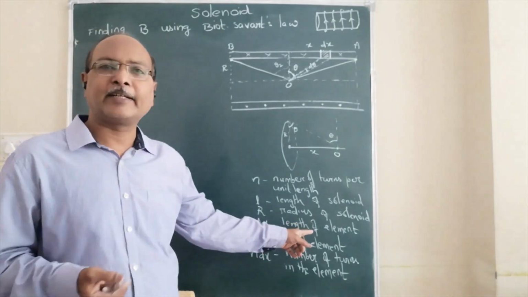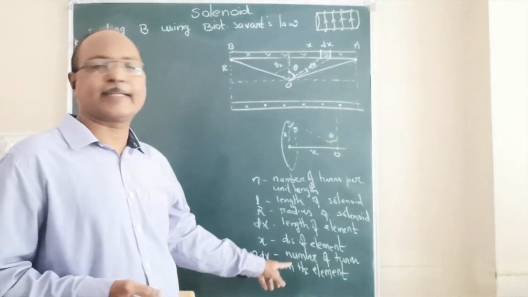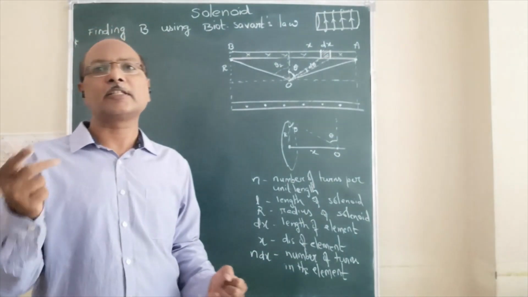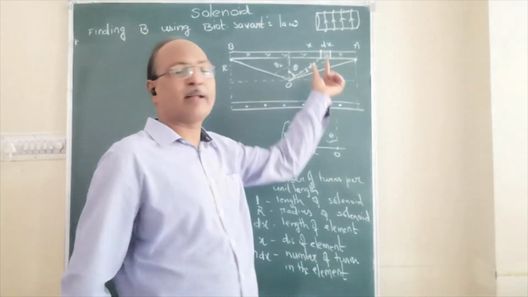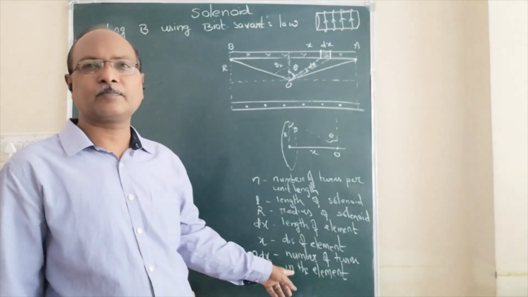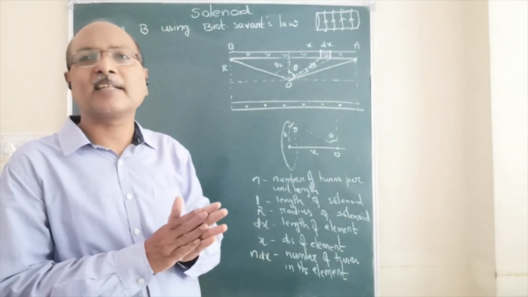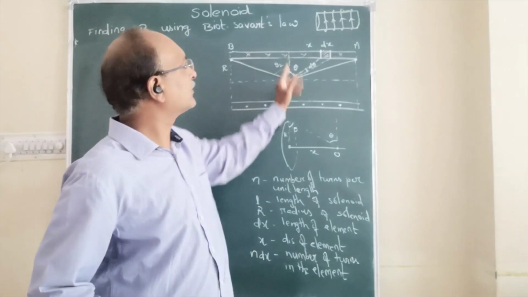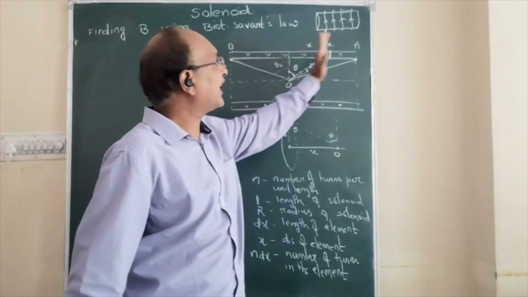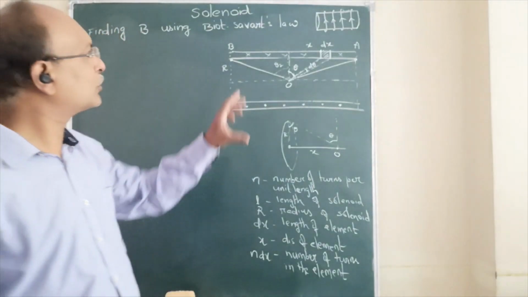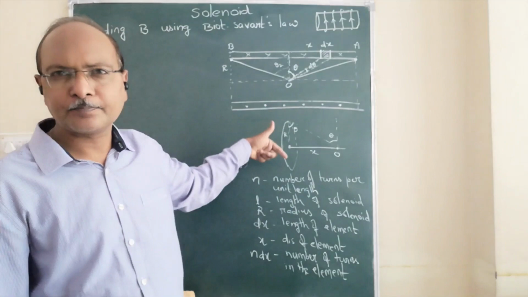In that element, the number of turns will be n dx, because n is the number of turns per unit length. This element is at a distance x from this point, O, the center. The element is in the form of a loop.